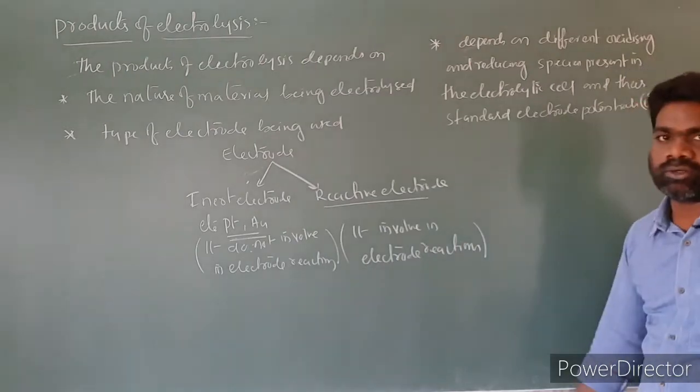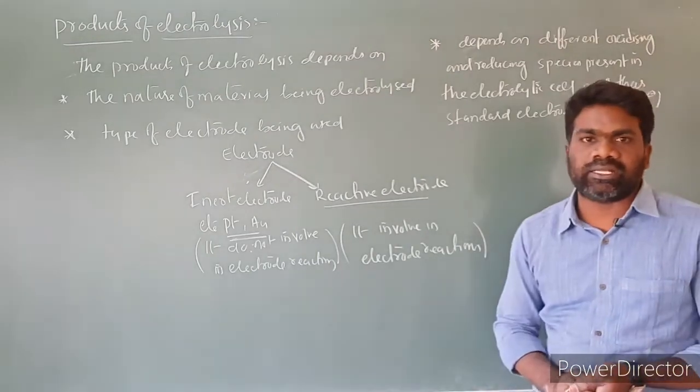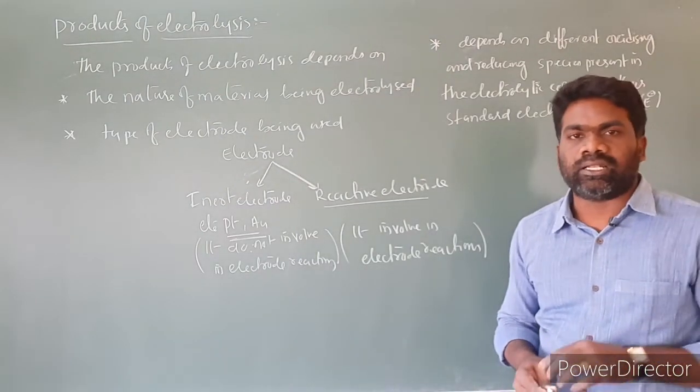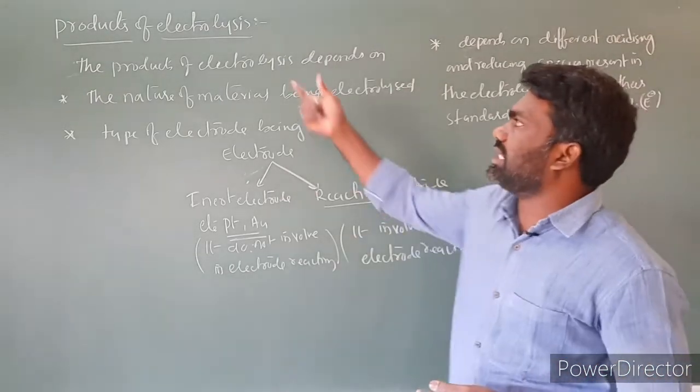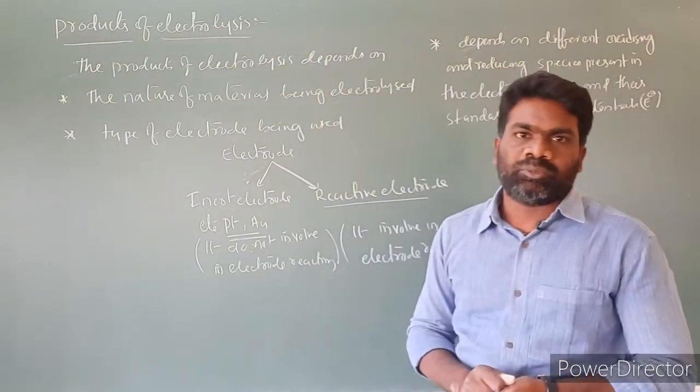So the oxidizing and reducing species present in the electrolytic cell, and their standard electrode potentials, will also decide what products are formed in the electrolysis process.